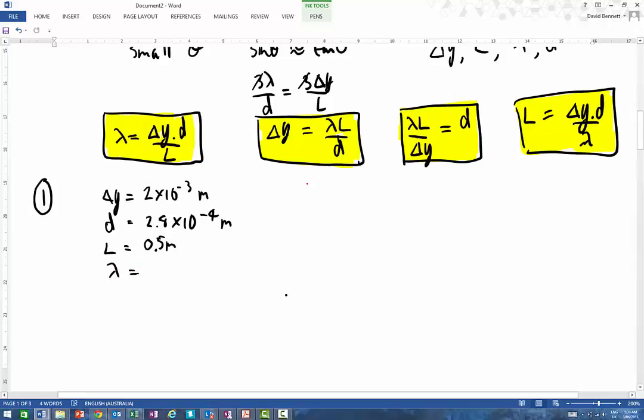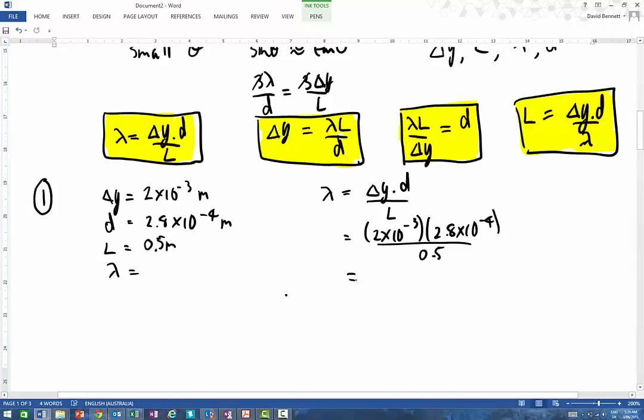So if I'm trying to work out my wavelength, then simply using the formula at the top there, that's going to be my delta y d all over L. So I want to see the substitution into the formula, so that's the key thing I needed to see. So you pretty well get your mark for this bit here. D is 2.8 by 10 to the minus 4, and then that's all over 0.5.